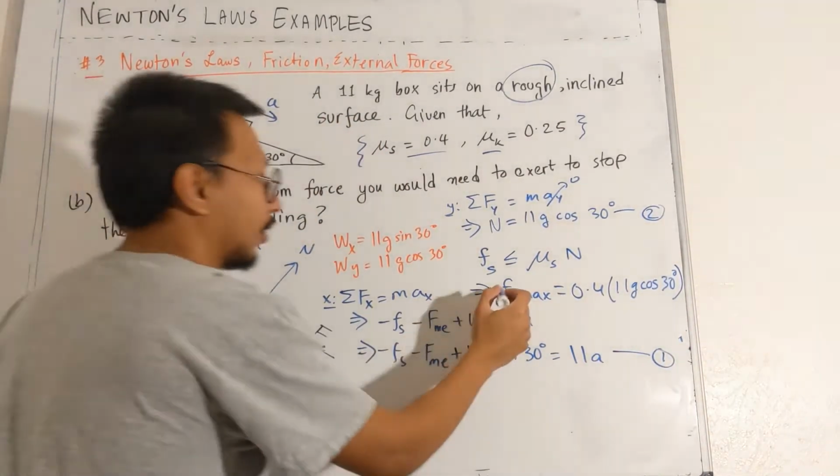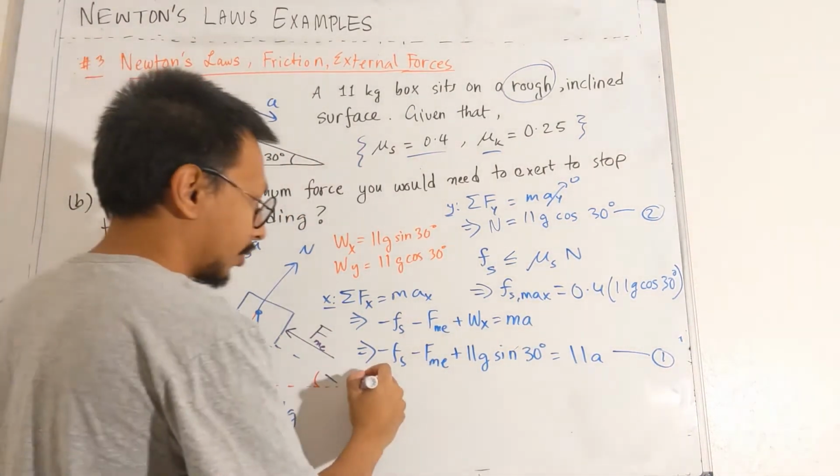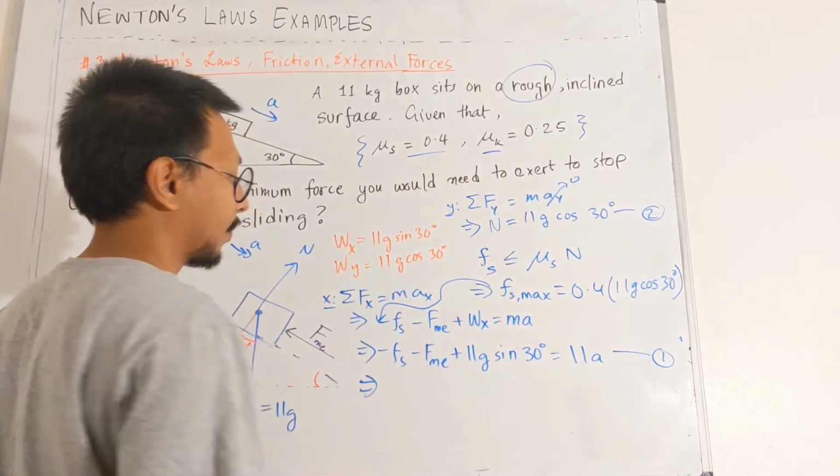Alright, so then wherever you see Fs, replace it with Fs max. Here we see Fs, so just plug this in.